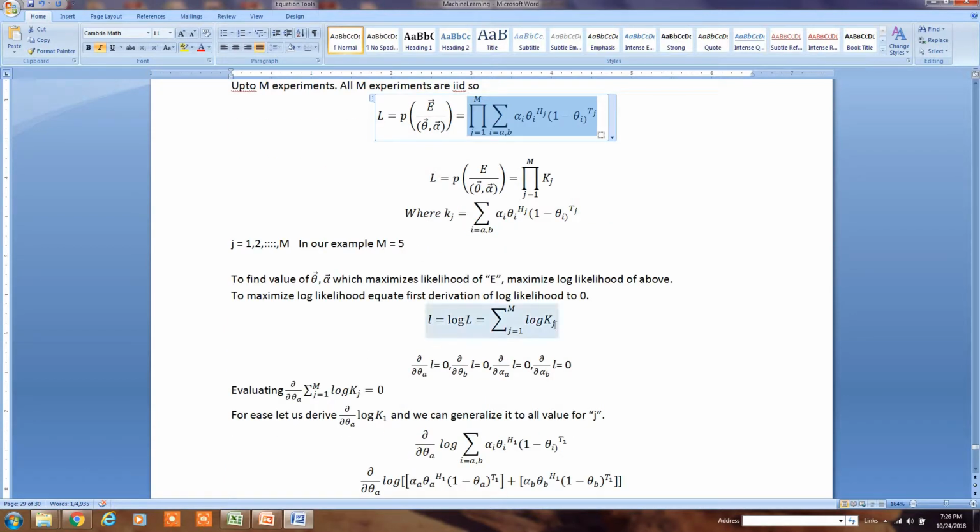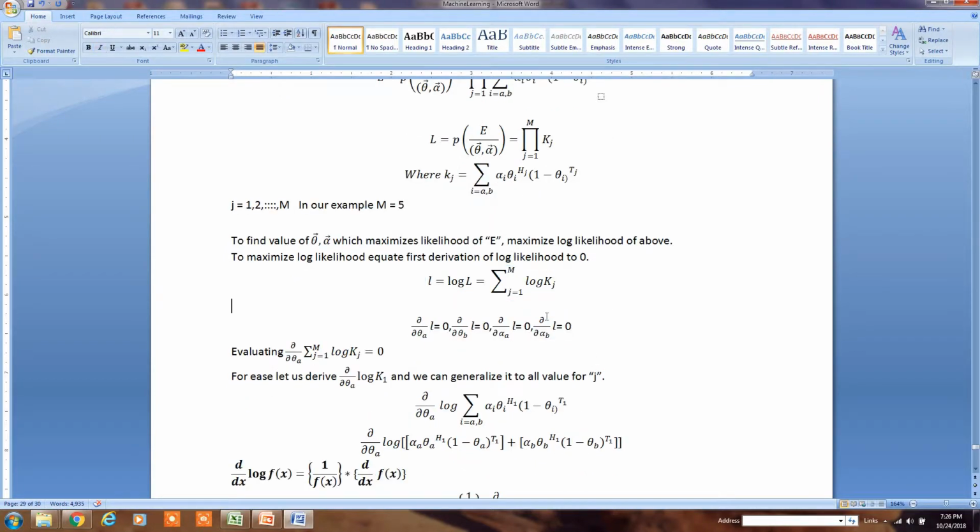So in the maximization step, we take the log likelihood. When we take the log likelihood, this multiplication term gets converted to a summation. That's the basic property of the logarithm function. So small l is the log likelihood, equal to the logarithm of the likelihood, that is, the summation of log Kj from j equal to 1 to m.